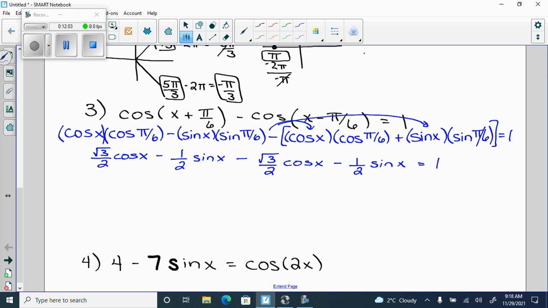Does anything happen? The ugly things go away, right? Negative 1/2 and negative 1/2 is negative sine x. So negative sine x equals 1. And then I just multiply by negative 1.